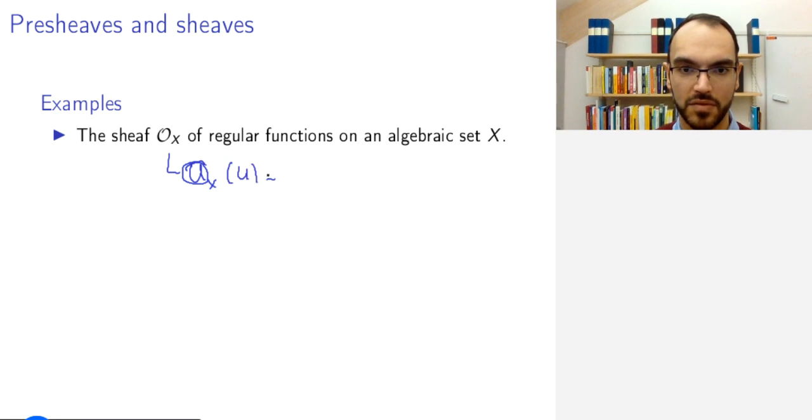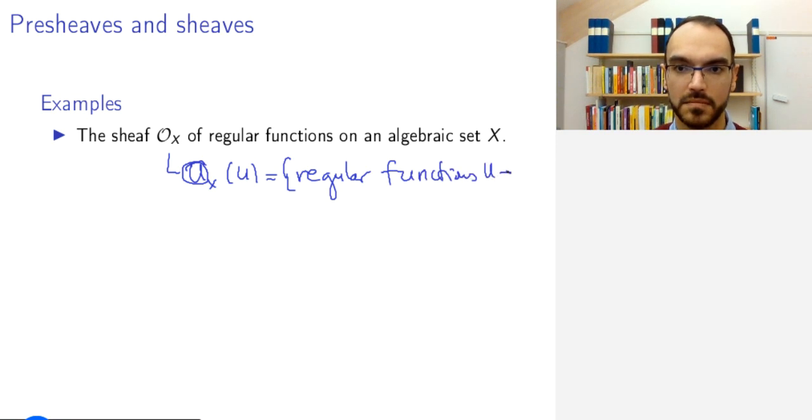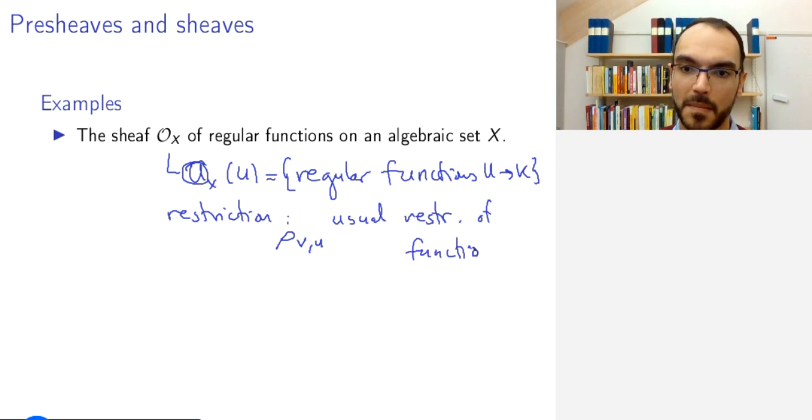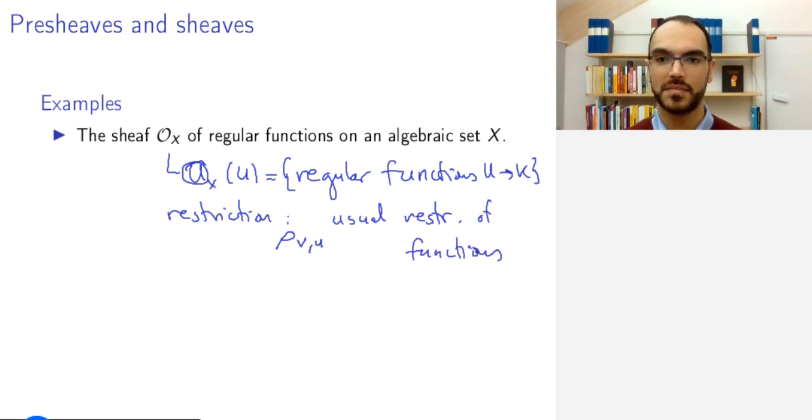O_X of U, this is just the set, or the ring, of regular functions from U to K. And the restriction homomorphisms, so these rho_VU, these are the usual restrictions of functions to subsets.